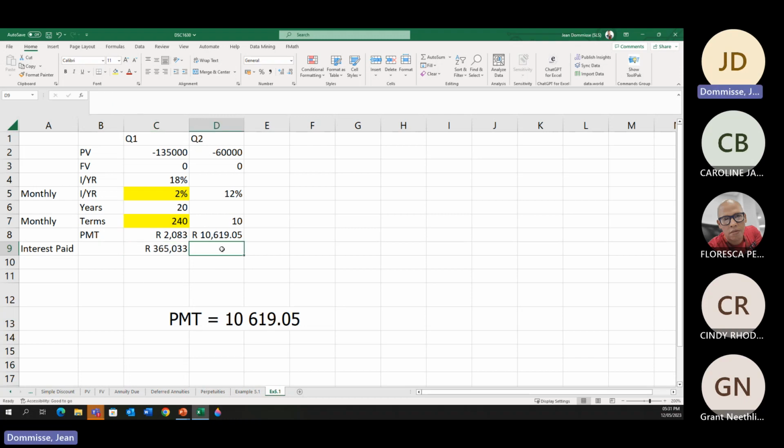Now the same applies if we look at the other side.